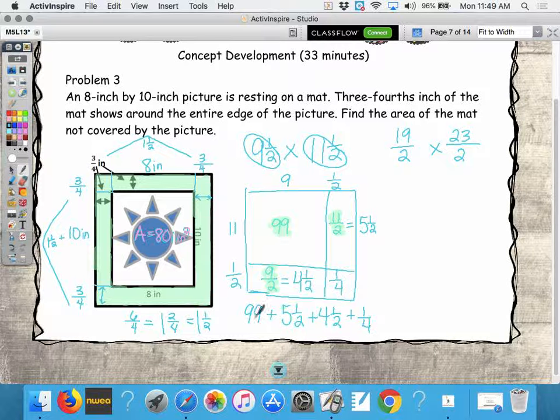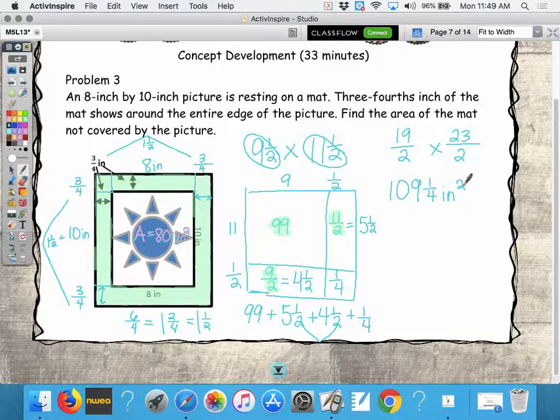Okay, so 99, well, let's do 5 plus 4, 9, right? What's a half plus a half? 1. So 99 plus 10 plus 1/4. What do we get? 109 and 1/4 inches squared.